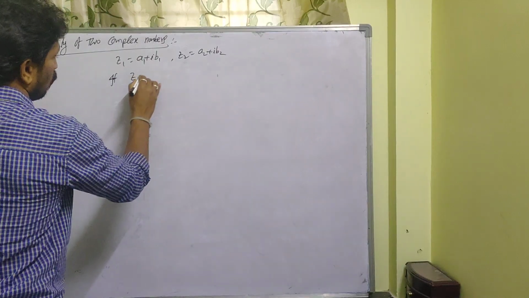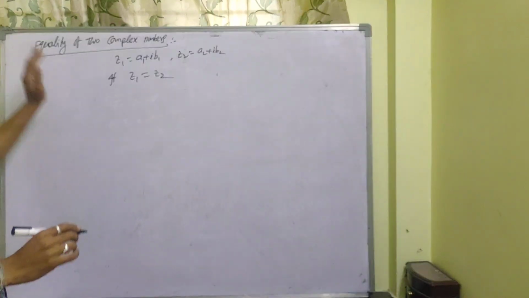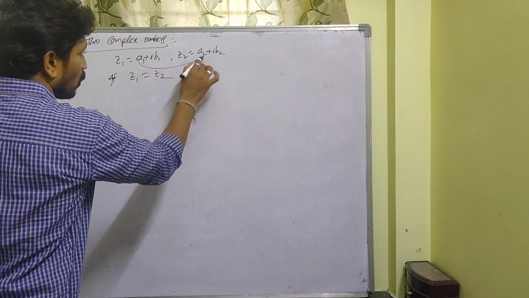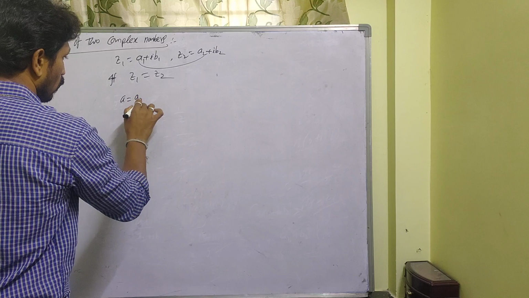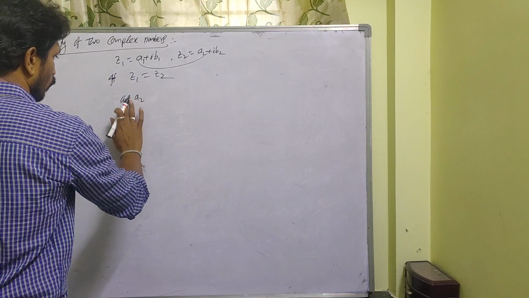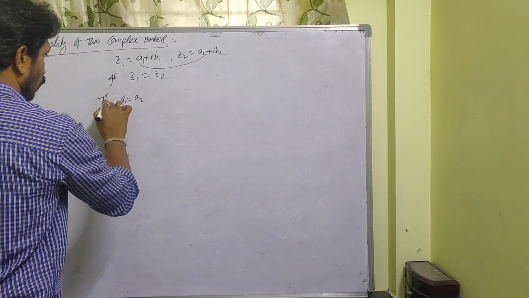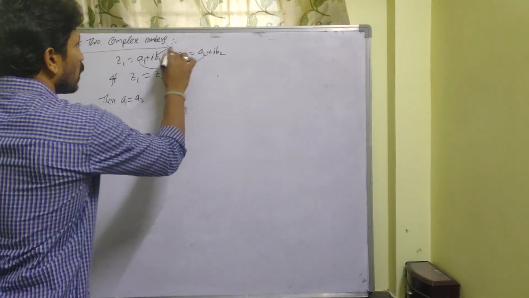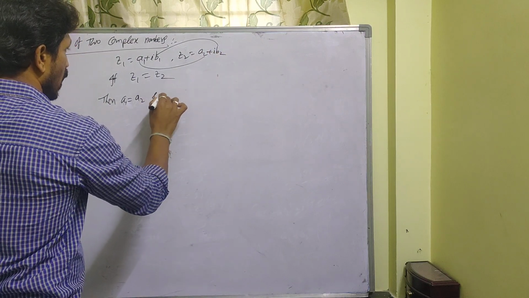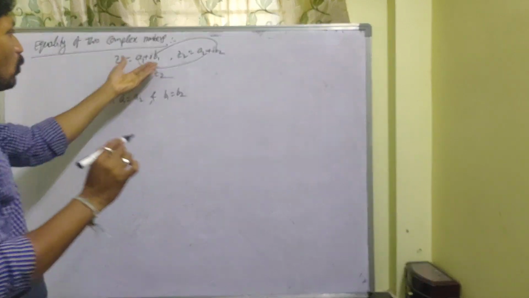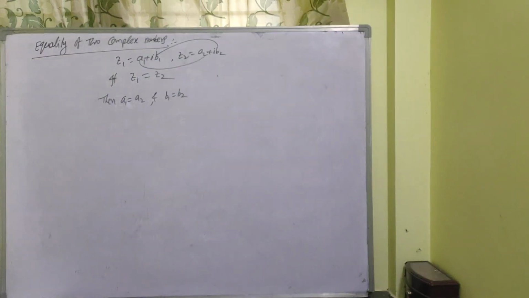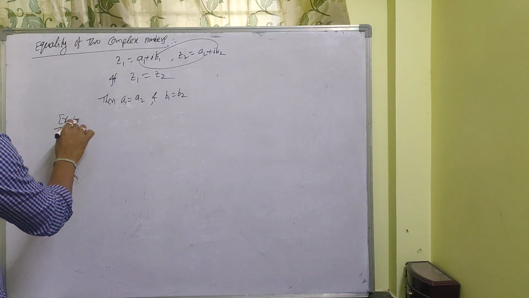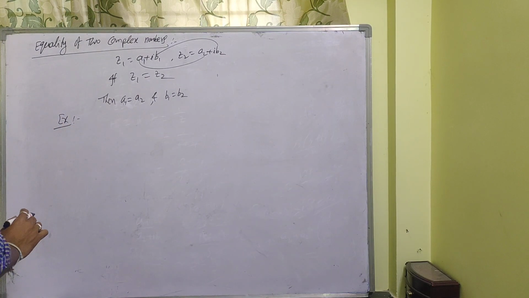If z1 is equal to z2, meaning the two complex numbers are equal, then the corresponding real parts are equal and the corresponding imaginary parts are equal. That is, a1 is equal to a2 and b1 is equal to b2, then only we can say these two complex numbers are equal.